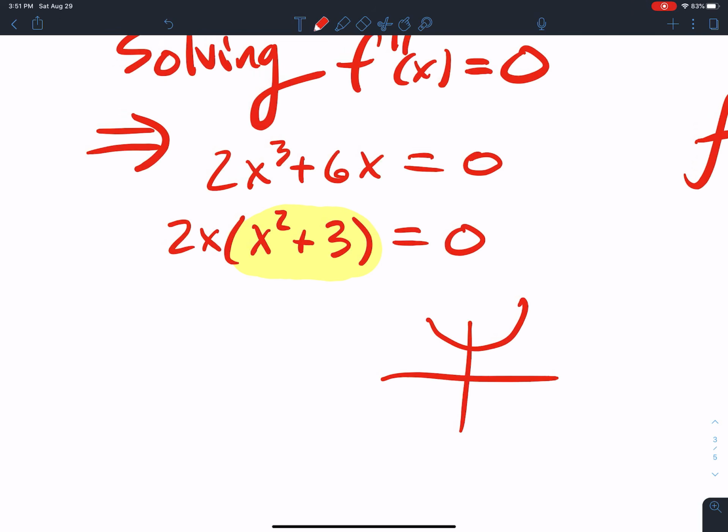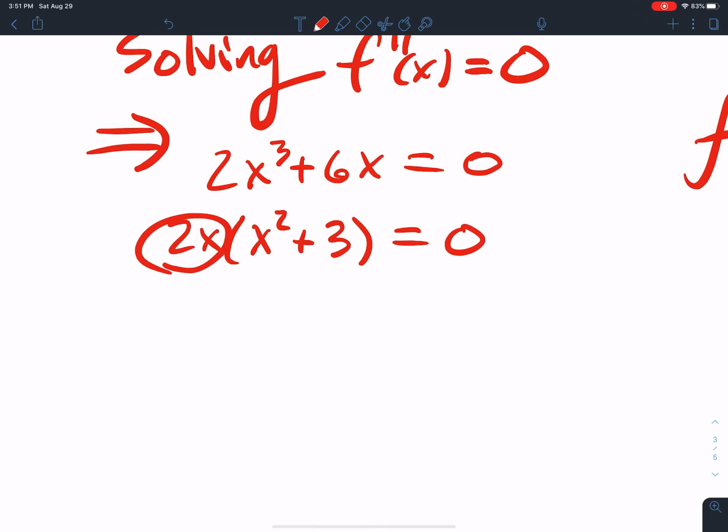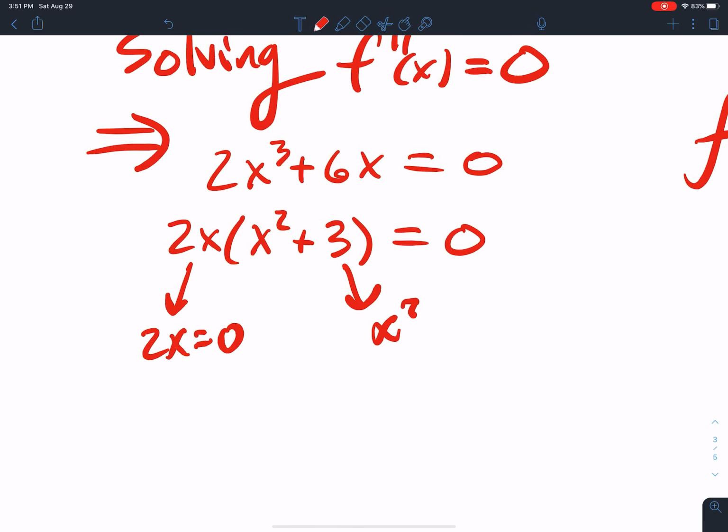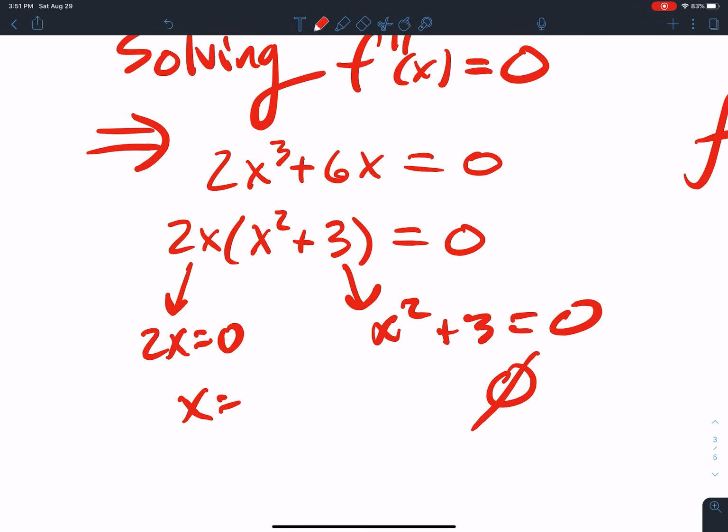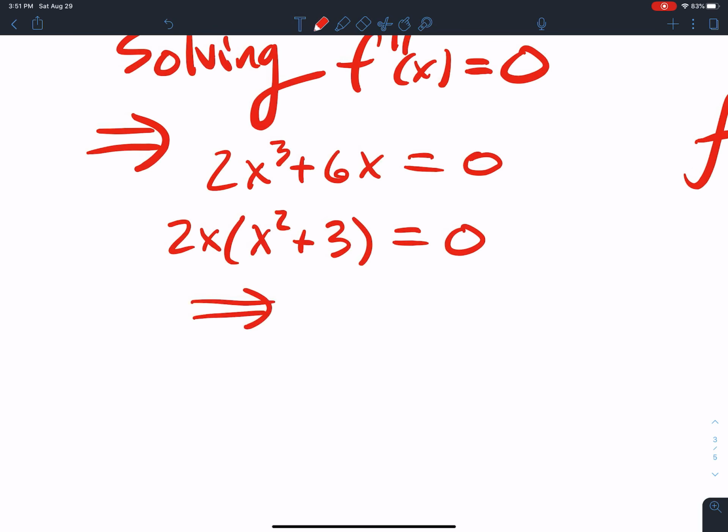So no real number can make this equal to 0. However, for 2x, if I solve this here, I have 2x equals 0, and I have x squared plus 3 equal to 0. So nothing works here. x equal to 0 works here. So x equals 0 is our result from this.